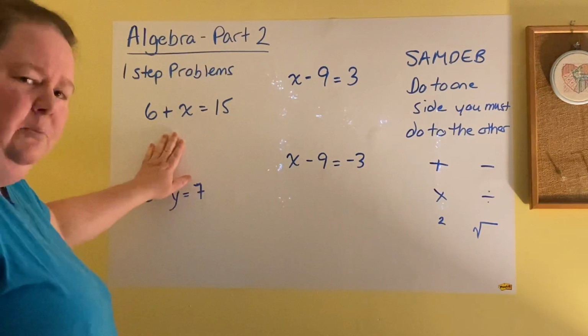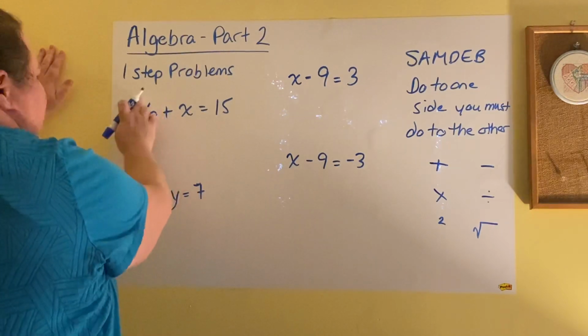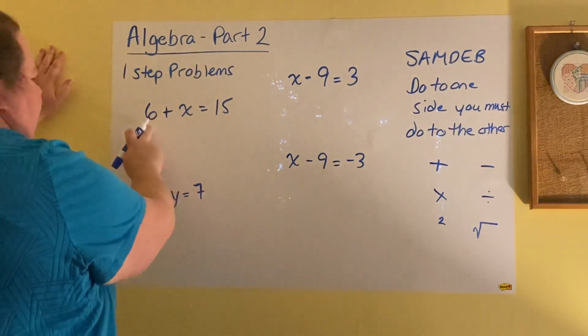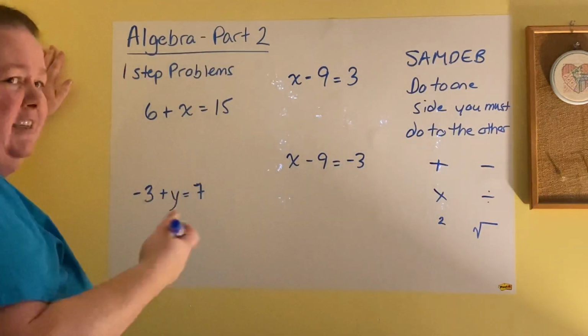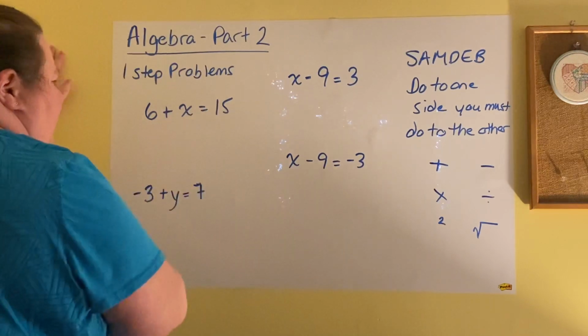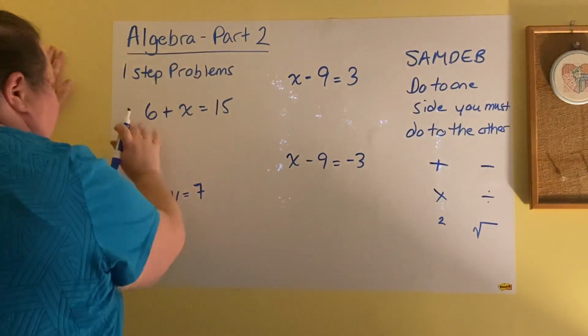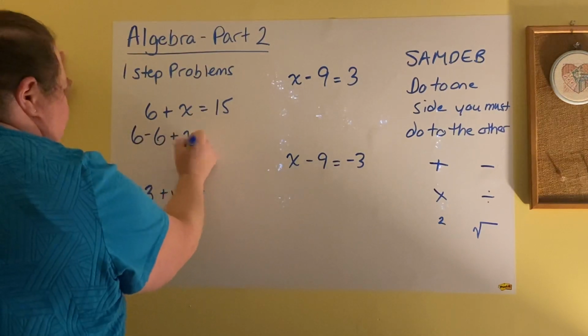Showing it the algebra way, the solving, what you're going to do is take that term that is added onto the x and move it by canceling it and doing the same to this side what you're going to do over here. So to cancel adding 6, I'm going to subtract 6.